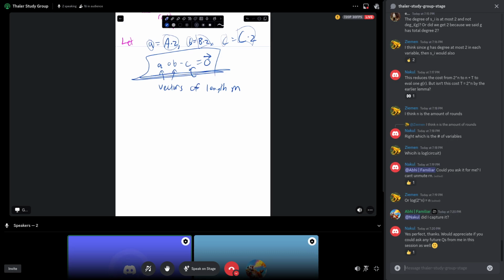Because we want to apply the sum-check protocol. The sum-check protocol needs a multivariate polynomial whose evaluations we want to sum, right? So somehow I need to turn this equation, which involves vectors of length M, into a statement about sums of evaluations of some polynomial over multiple variables. Okay, how do we do that?